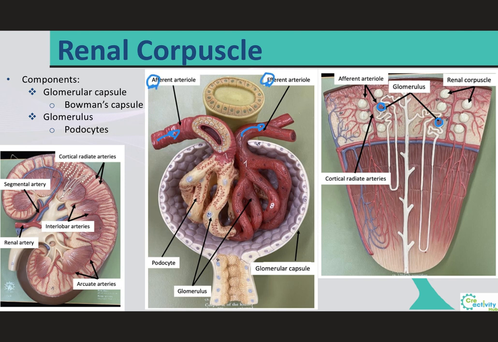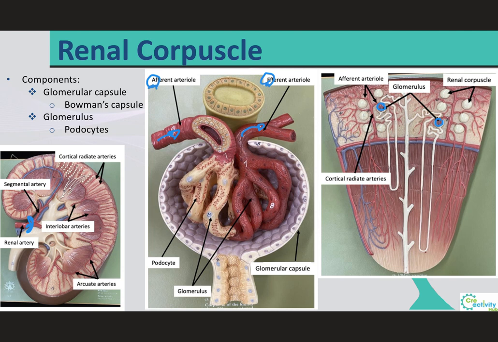Now, where is this blood coming from? Well, initially it enters by way of the renal artery that enters the kidney through the hilum, remember? Then it passes through these collections of arteries.